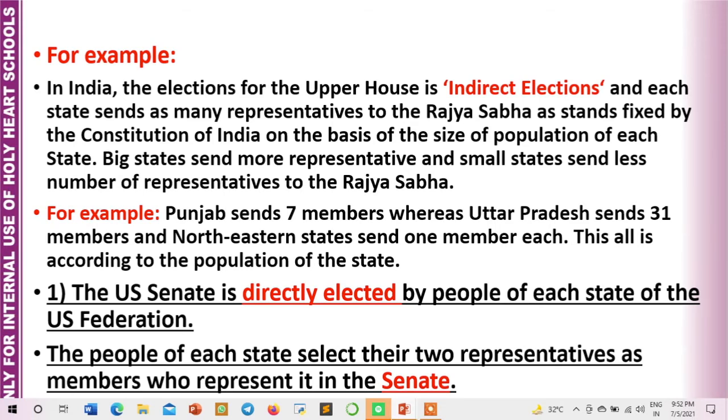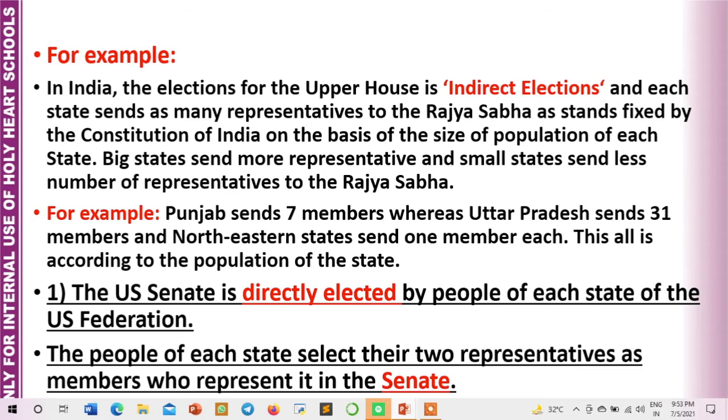So you see, here I have talked about the two differences. First is method of election. Indian Rajya Sabha is elected indirectly, but US Senate is elected directly. Second, the number of Indian Rajya Sabha members is according to the population of the state.